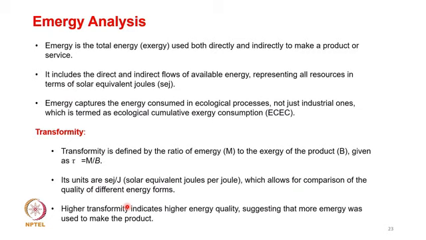metric or unit that you would use to represent transformity, which allows the comparison of the quality of different energy forms. Higher transformity indicates higher energy quality, suggesting that more energy was used to make the product.